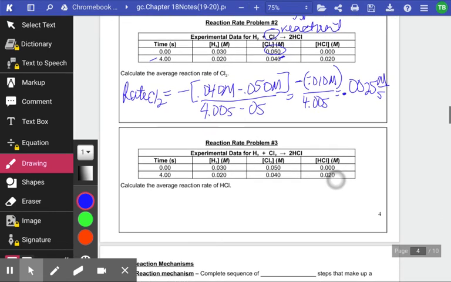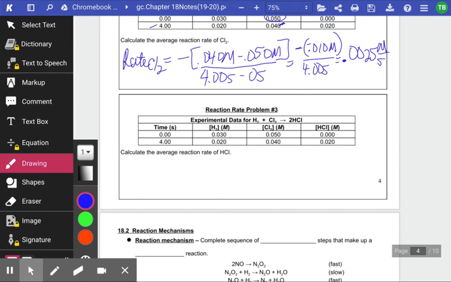The last reaction rate problem we're going to look at is for hydrochloric acid. Hydrochloric acid is a product. So for products, you do not need the negative sign. It is only for reactants because reactant concentration goes down over time. Product concentration, notice, goes up over time.